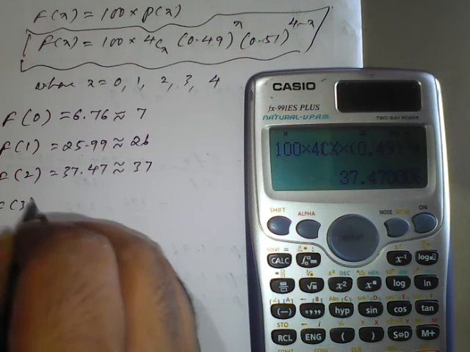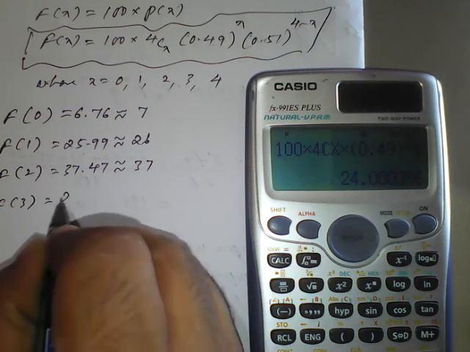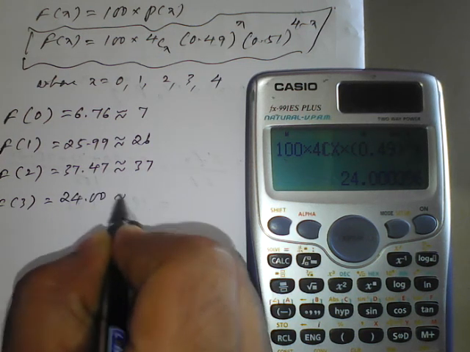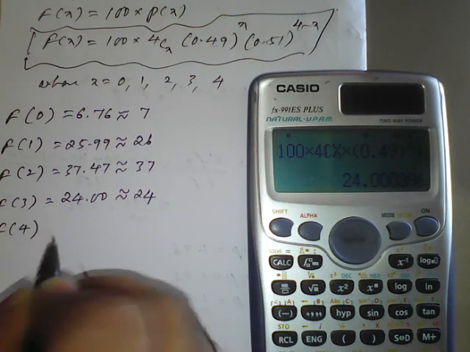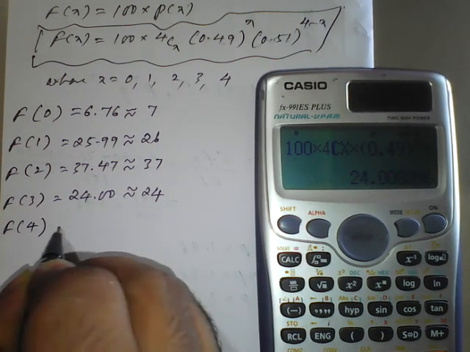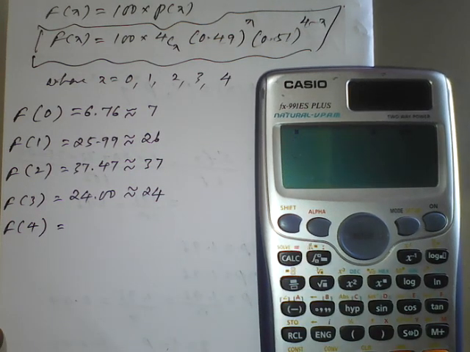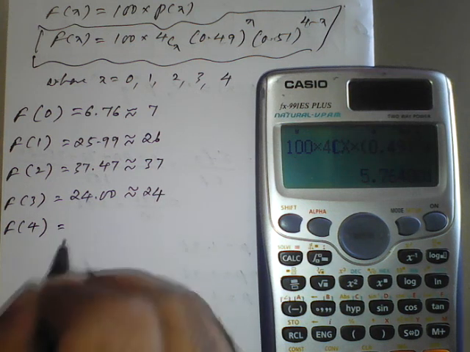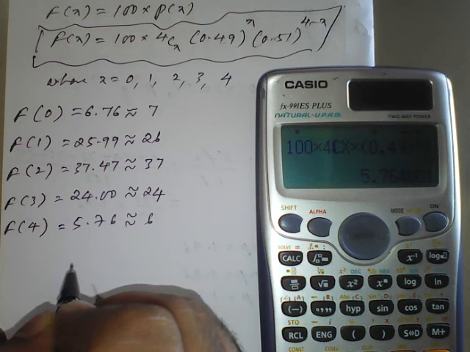Next, f of 3. When x is 3, we get 24.00, which is equivalent to 24. And the last one, f of 4, will be 5.76, which is equivalent to 6.